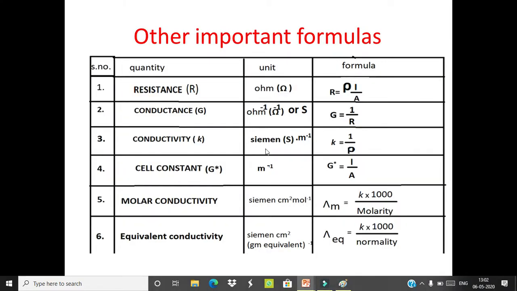As you can see here, the unit for conductivity is Siemens per meter, that means ohm inverse meter inverse. What about the cell constant? Cell constant is the ratio of length of wire upon cross section area. What about molar conductivity? That is Siemens centimeter square mole inverse.